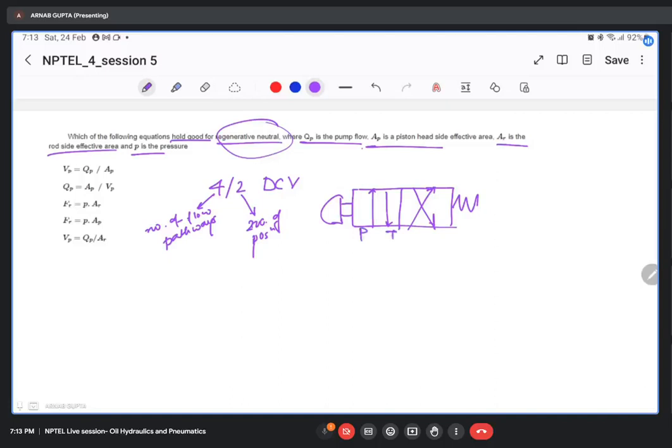Here you have the pressure port and the tank port, and the A and B ports that go to the actuator. In this case, this is connected to the pump, say, the power pack. This will go to the tank. Sorry, this is for exhaust, what I had drawn just now. And this will go to double acting cylinders, say, A and B.